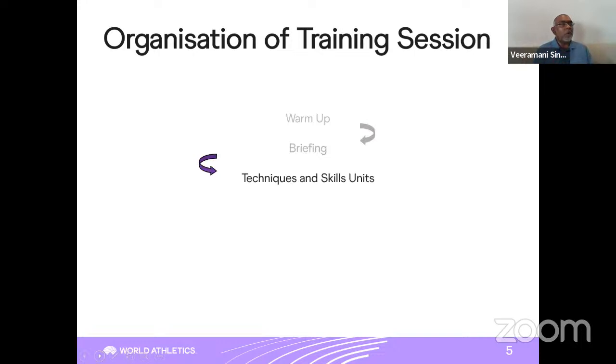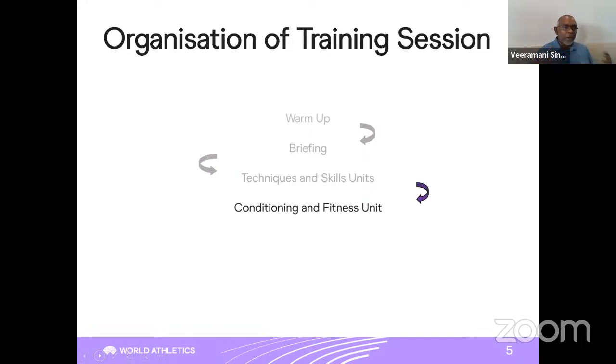Then we move into what we call the technical and skills unit, and this is where you put your coaching eye into action to allow you to prepare and address some of these skills and technique development to take place. From there, we move into what we call fitness unit, general fitness unit.